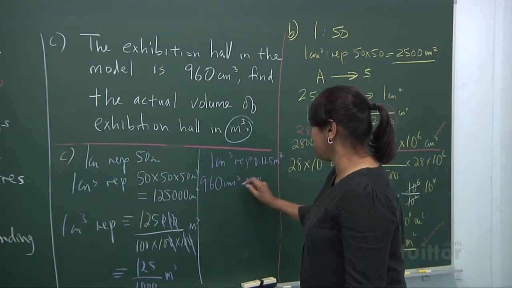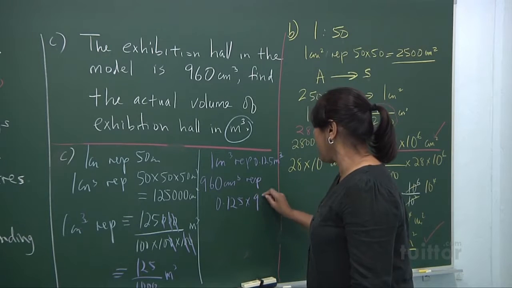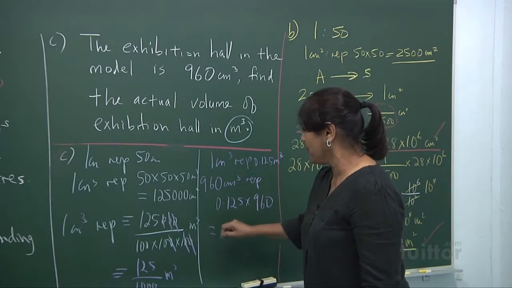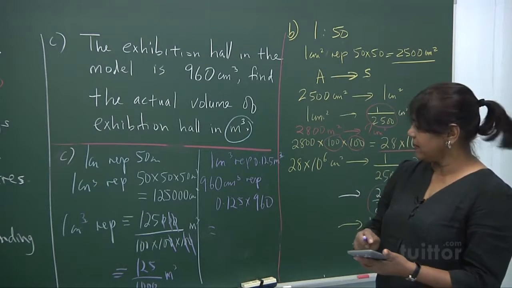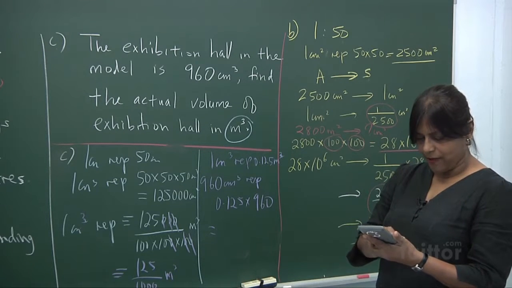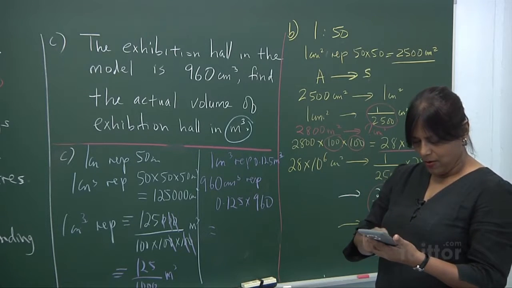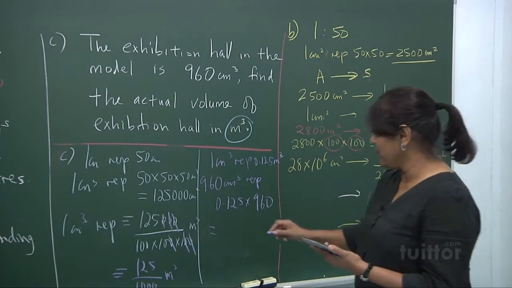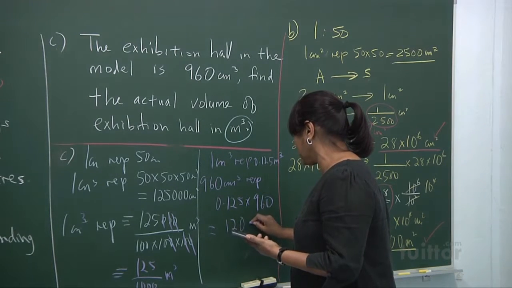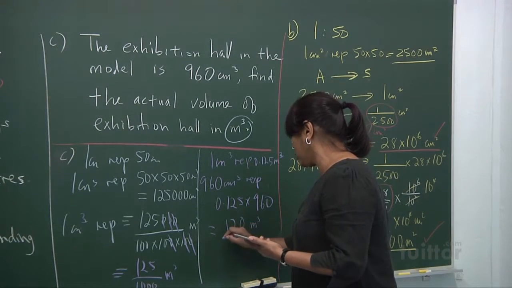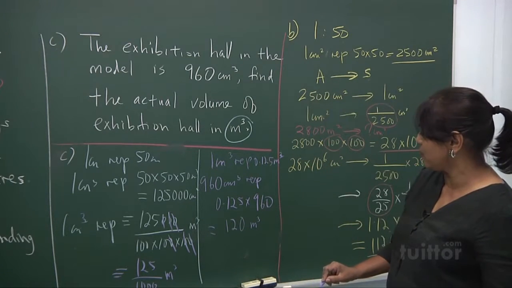It represents 0.125 times 960. Let's put it in the calculator. You look at it, 0.125 times 960. Wow, you get a simple, neat answer of 120 meter cube. 120, the actual volume.